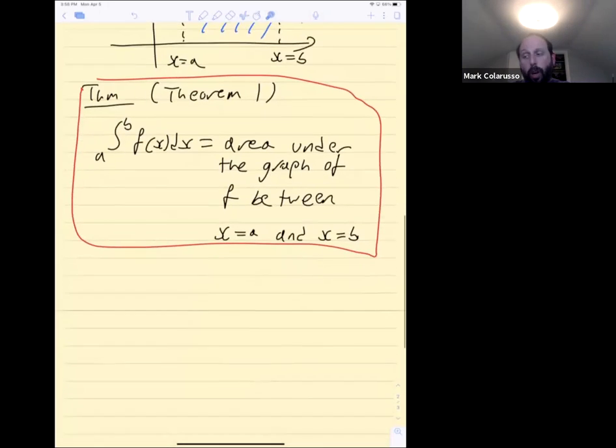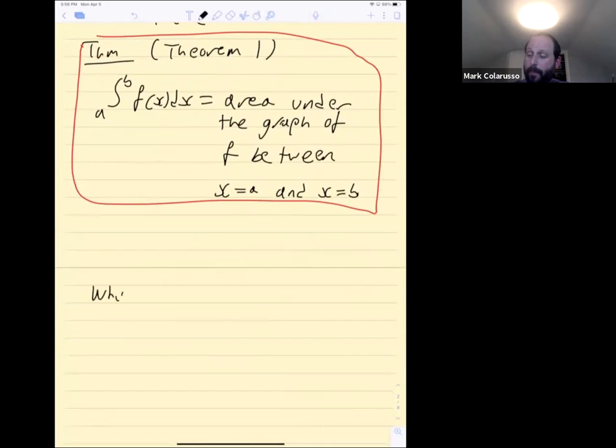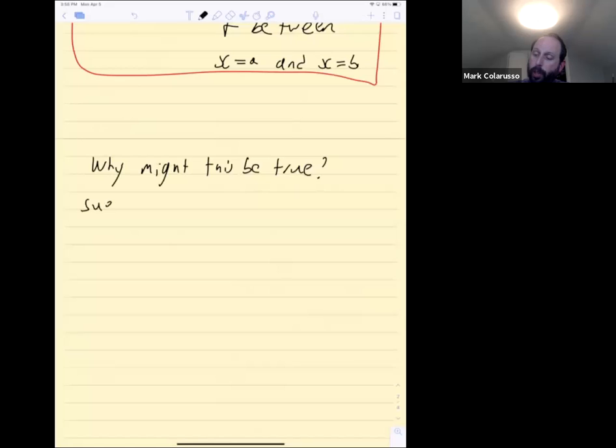Okay, so why might this be true? Suppose that we have a function v of t, the velocity of a moving object. We've talked about this before.